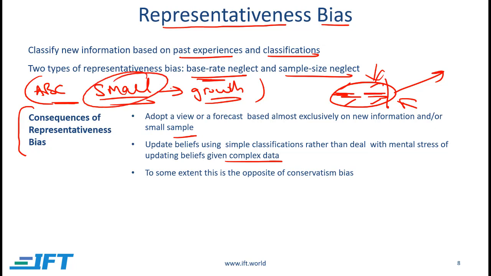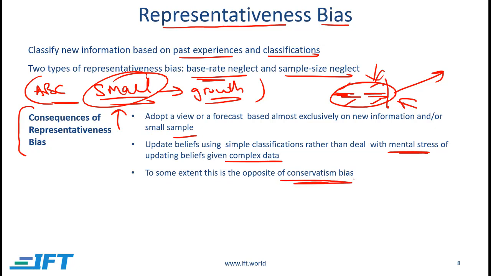But in reality, what the investor should do is study this company in more detail and determine whether or not it actually is a growth company. The investor is avoiding this difficulty or this mental stress and just making a quick, rash judgment that this is a growth company.